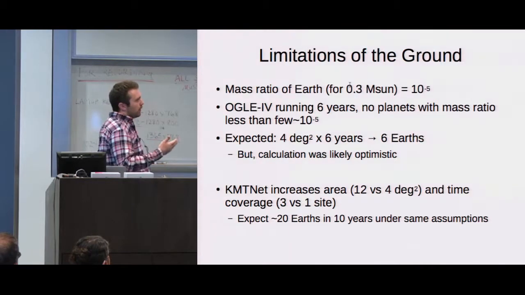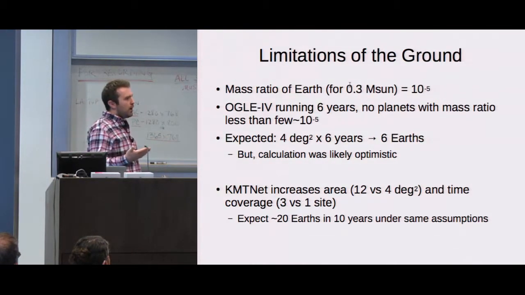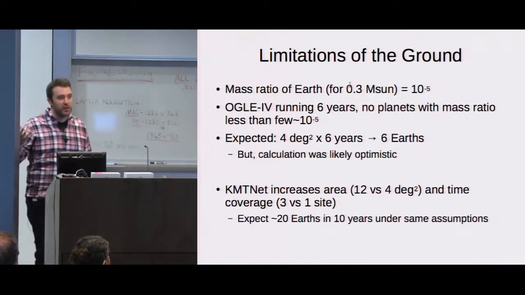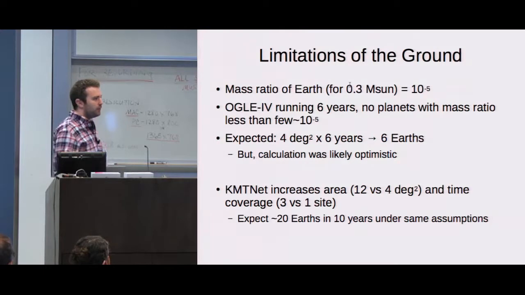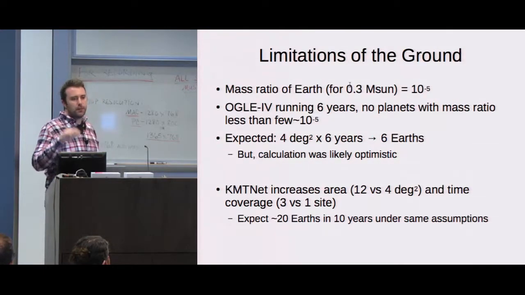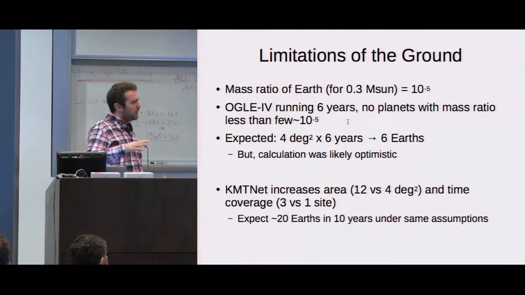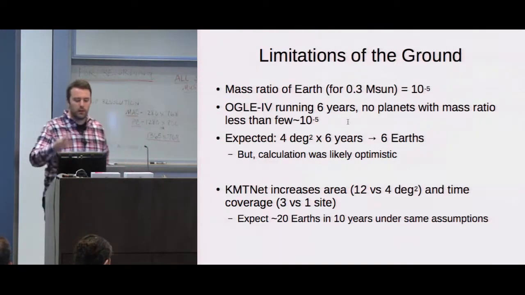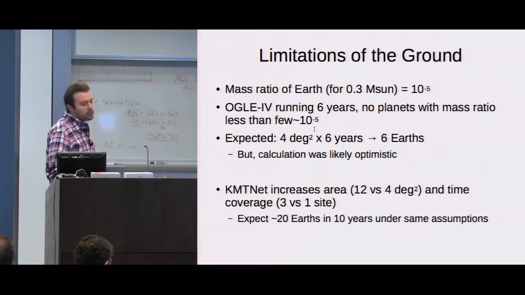But we've not found any truly Earth mass ratio planets from microlensing yet. We've got down to Earth masses, but with very low mass stars as hosts. So there's maybe 1 or 2 of those, and there's no very low mass ratio events. So how do the predictions compare?